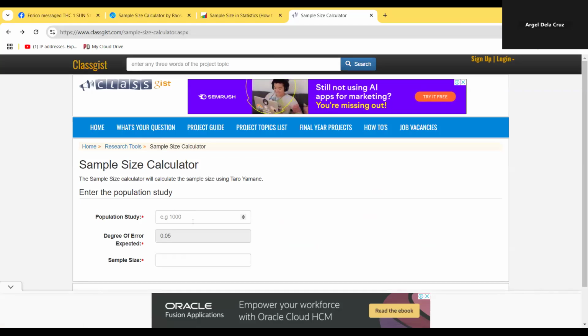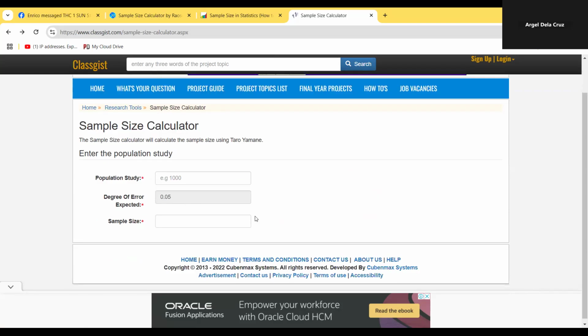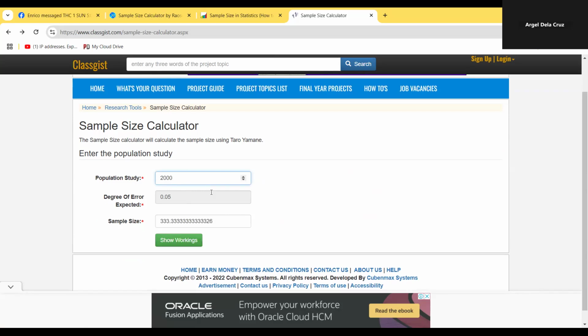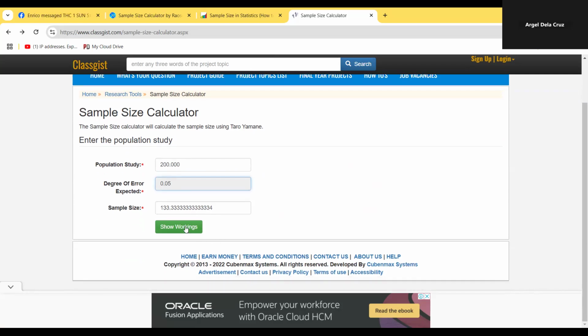So let's say may mga online naman na formula, so you can use this one. Let's say the population size is around 1,000, let's say 10,000 or 200,000. Degree of error expected is 5%. Sample size would be 133.33.